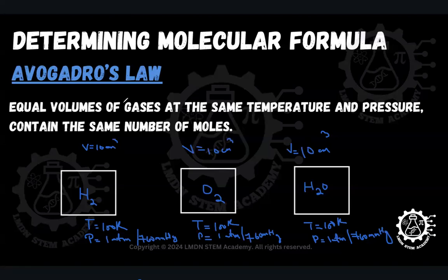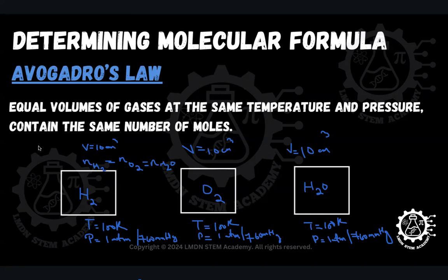Then Avogadro's law says that they're going to contain the same number of moles. So the moles of H2 is going to be equal to the moles of O2, which will be equal to the moles of water. It doesn't matter the identity of the gas. As long as they have the same volume and are under the same conditions of temperature and pressure, they're going to contain the same number of moles.